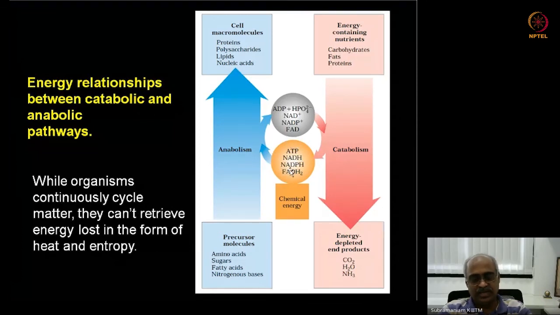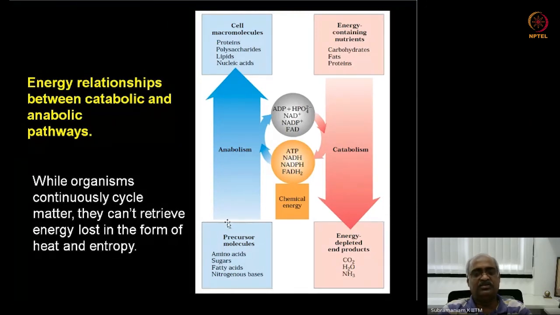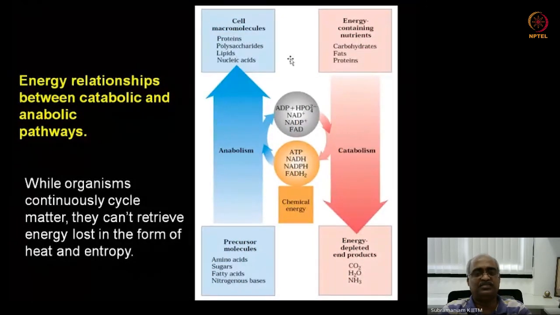These are highly reduced, and their oxidation gives you the energy required to drive the anabolic reactions. And so here you have the precursor molecules getting converted into macromolecules. So that's anabolism, and then you can see from the products why this is important, right? You need to make proteins, polysaccharides, lipids, and nucleic acids, etc. for normal cellular function from the precursors. So these usually come from the food.